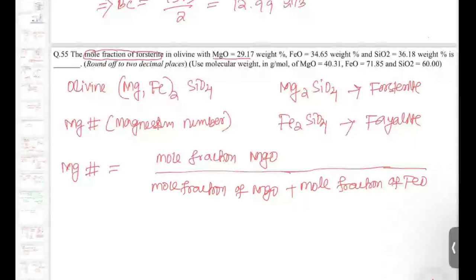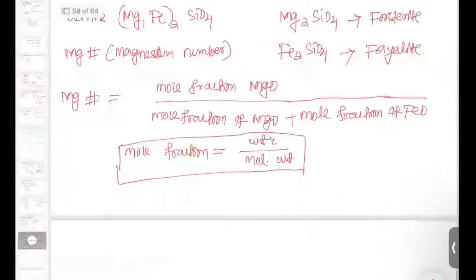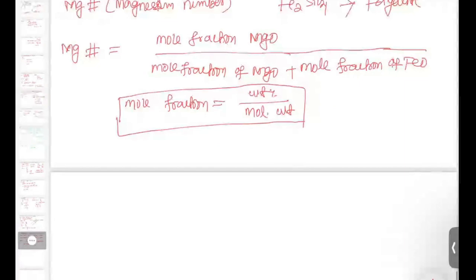Why are all these data given? The formula for mole fraction is equal to your weight percent given, divided by molecular weight. So to calculate magnesium number, you first have to find the mole fraction of MgO and FeO.